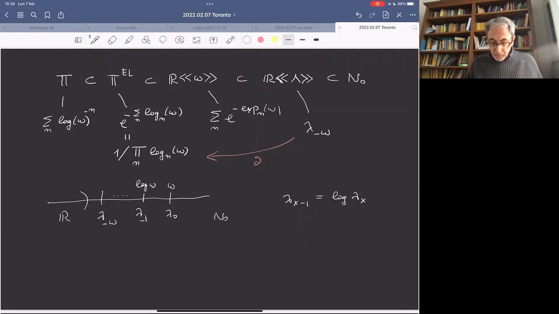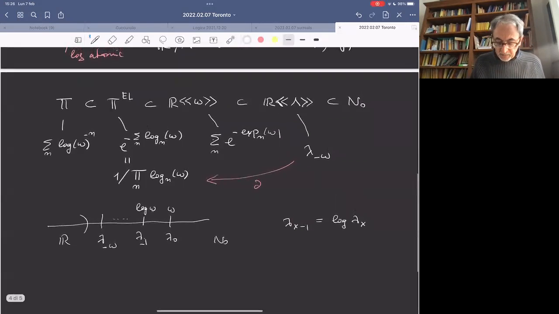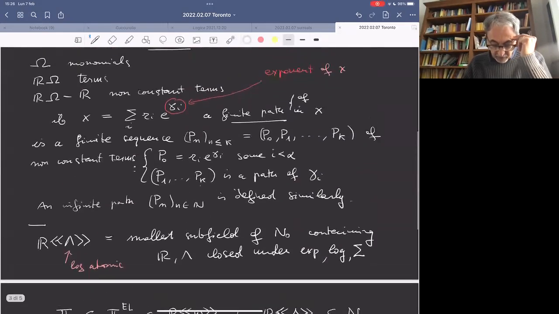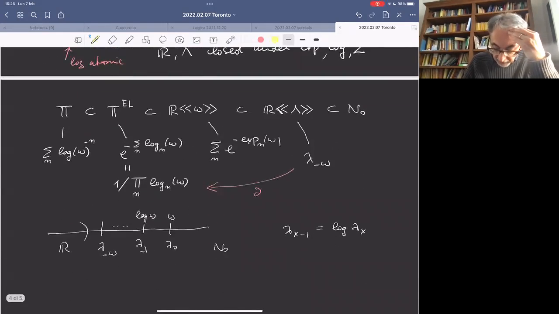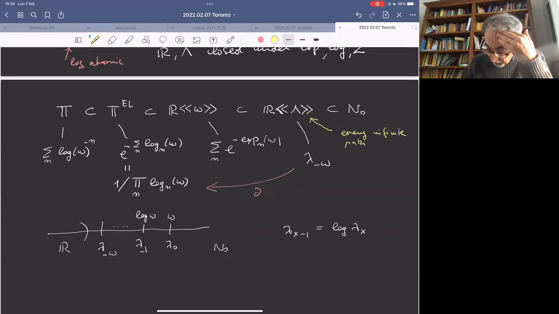Okay, now these subfields can be characterized in terms of paths. This guy here, the bracket of lambda, is exactly the class of surreals such that every infinite path enters or intersects lambda.